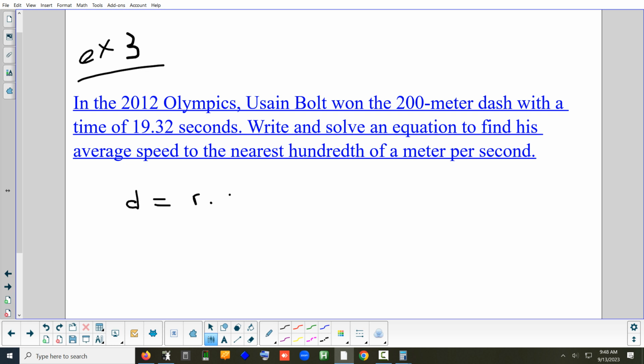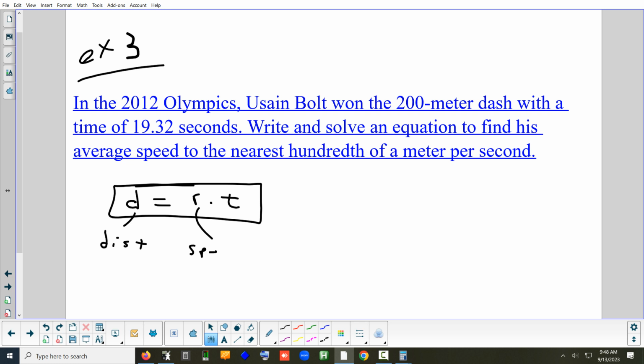D equals RT. So you might not have known that, but did anybody know that now that I showed you the formula? Okay. So this is the formula that connects distance. This is distance. This is your speed. And the last one is your time.